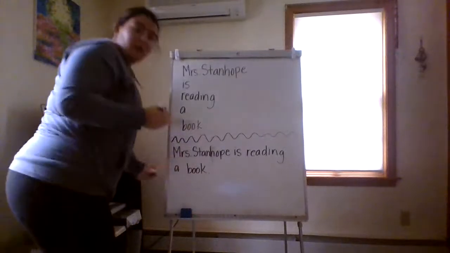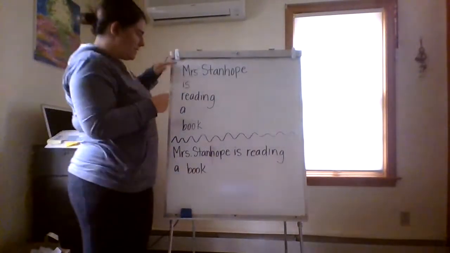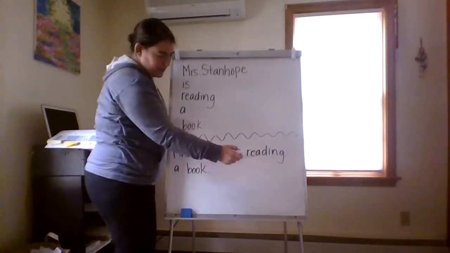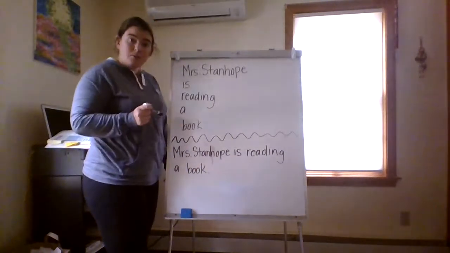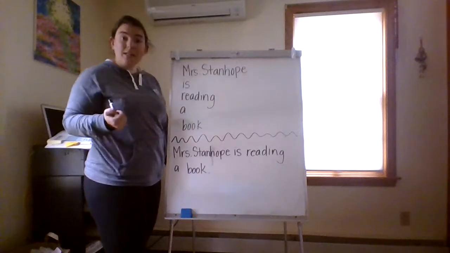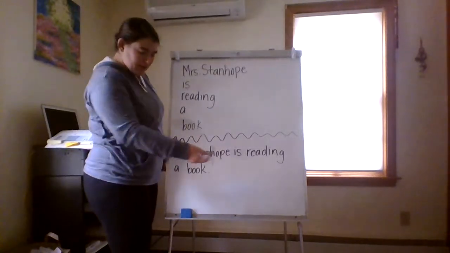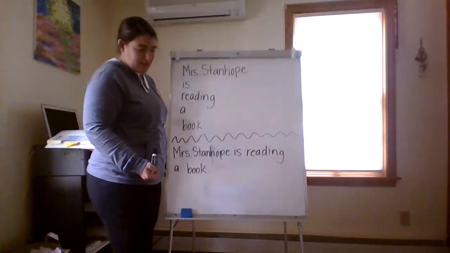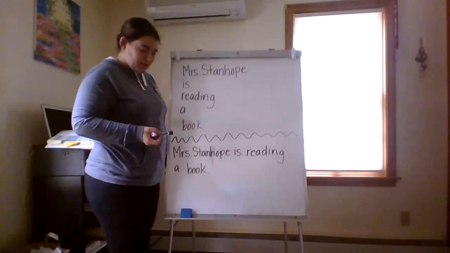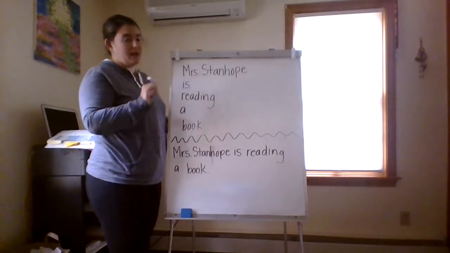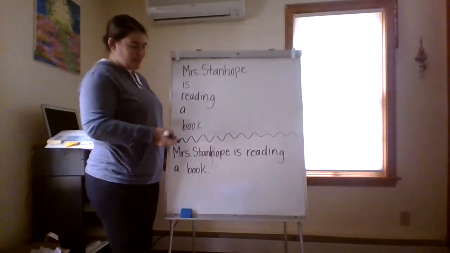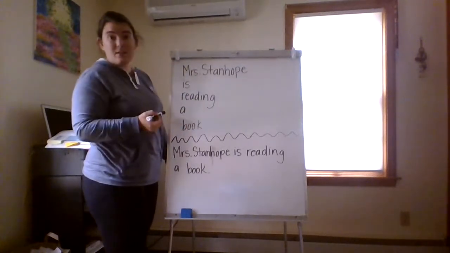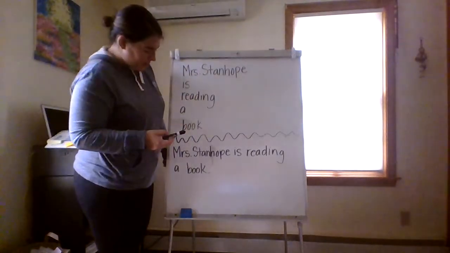All right, so I changed my words, and now instead of going down in a list, it reads across. So it goes, Mrs. Stanhope is reading a book. So what we did was we changed it from a list into a sentence. Now this is a sentence that makes sense. It starts with a capital letter, it ends with a period, so I know it's a sentence. And now it means something, right? It means, Mrs. Stanhope, I am reading a book, instead of just a few words all near each other. So words can really make a difference in what you're reading and what makes sense.